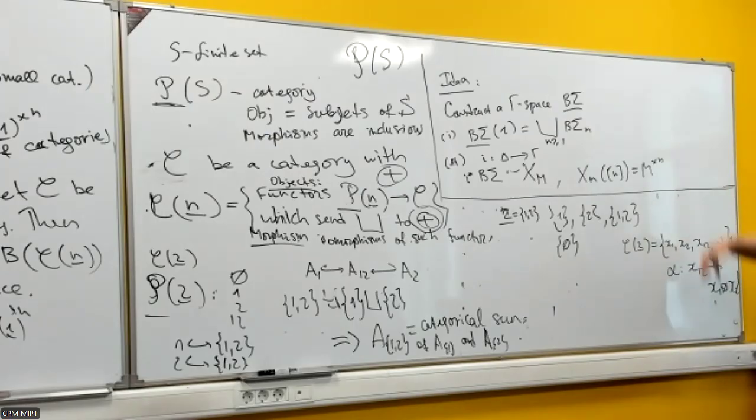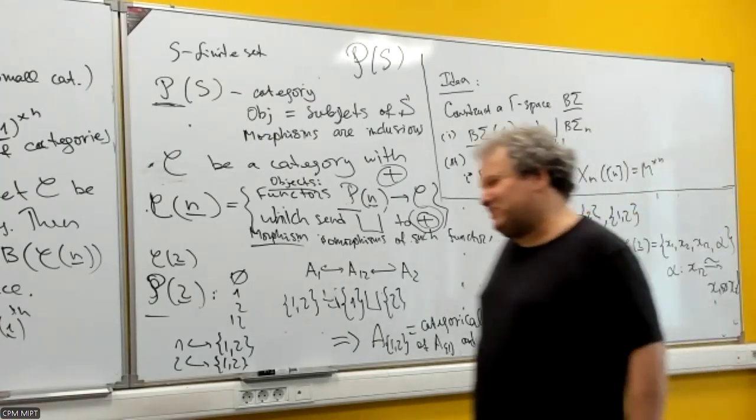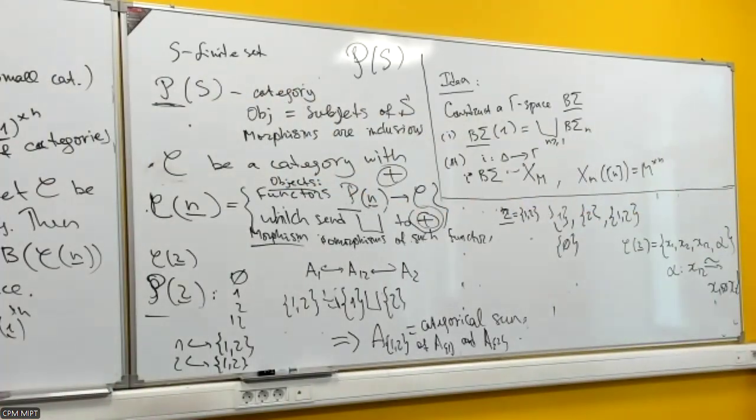Higher definitions could be more complicated because we have to use the associator and the unitor. But anyway, in this way we can formulate it generally for a symmetric monoidal category and prove that it's a gamma space. So this is the definition, and the claim is that it's a gamma category.